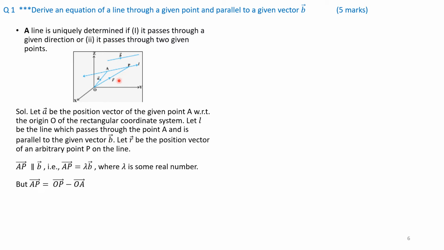I repeat, AP is equal to OP minus OA. Therefore, lambda B is equal to R minus A. Hence, the vector equation of the line is R is equal to A plus lambda B. Let it be equation 1.